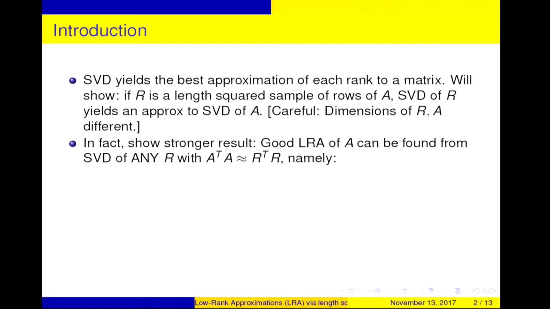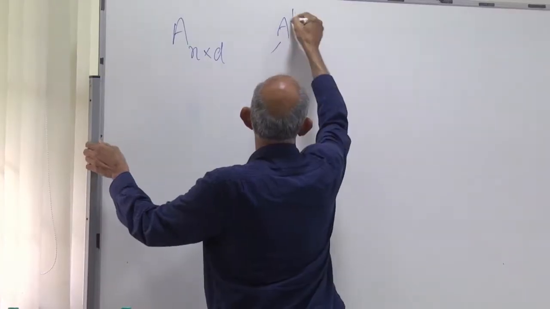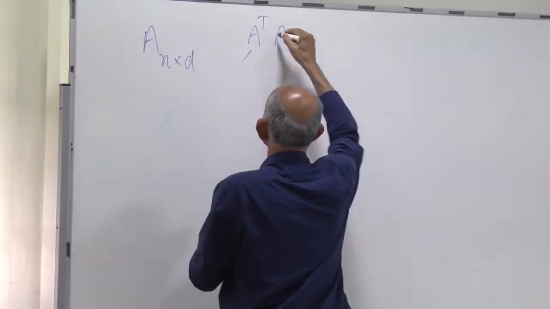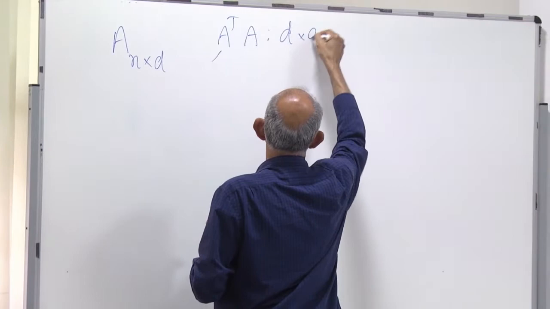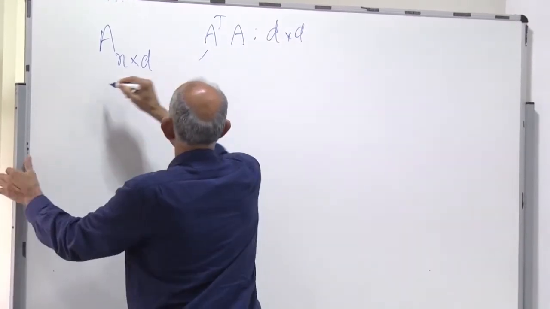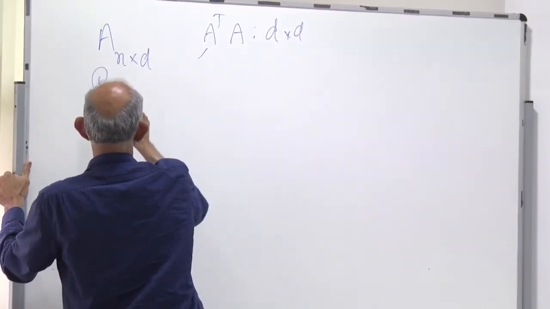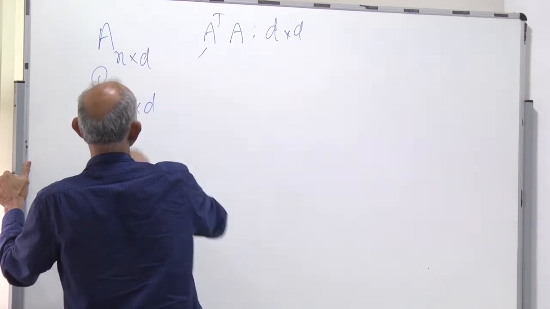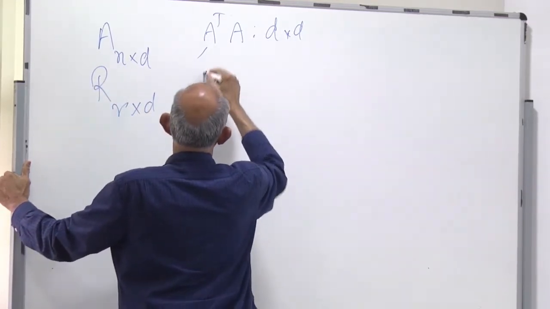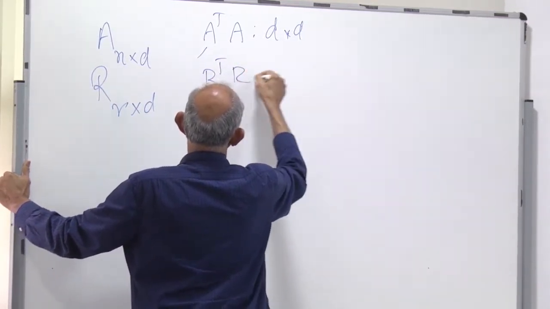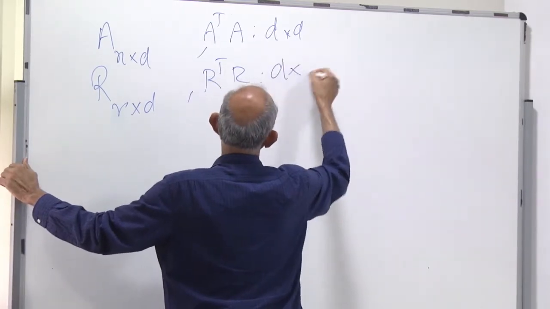If A is n by d, A transpose A is d by d, and so is R transpose R. In R, only some number of rows have been picked, so it's little r by d, but R transpose R is also d by d, right?